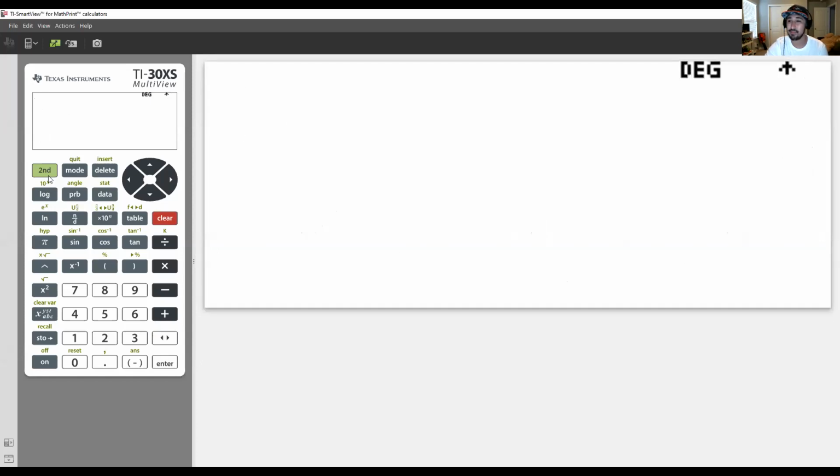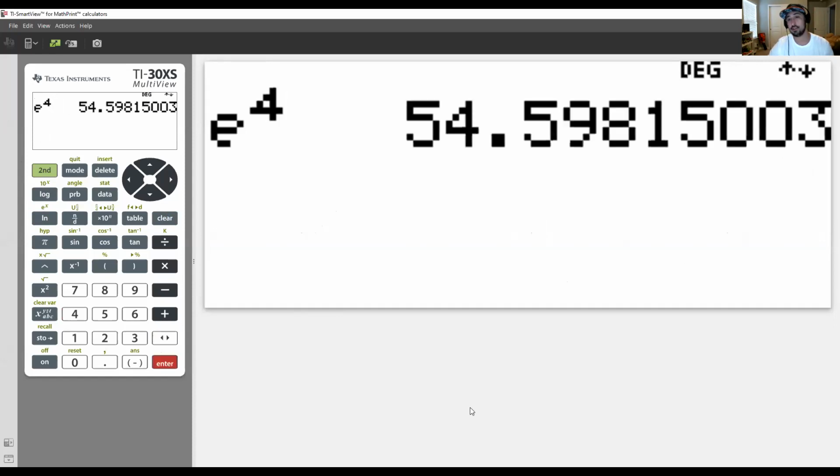You hit the second button, like the shift button, and find this natural log button, LN, because look what's right above it, e to the x. If I click that, I get e to an empty box. For our first example, e to the fourth, I type that in and hit enter.